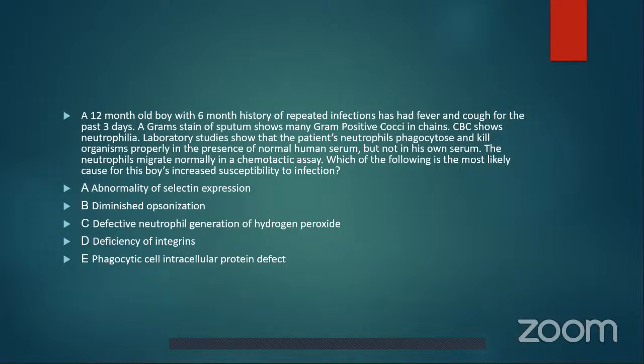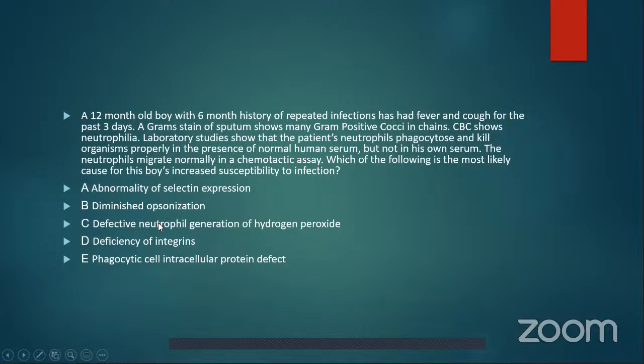So in the normal human serum, the neutrophils are doing fine, whereas in his own serum, they're not doing fine. So if the opsonins are not there in his own serum, what will happen? The process will be delayed, because we know opsonization is one important part of phagocytosis. So let's keep that as an option.